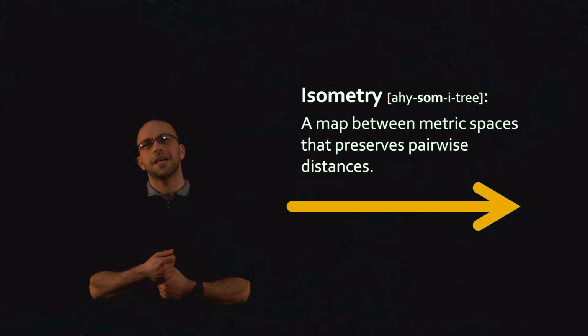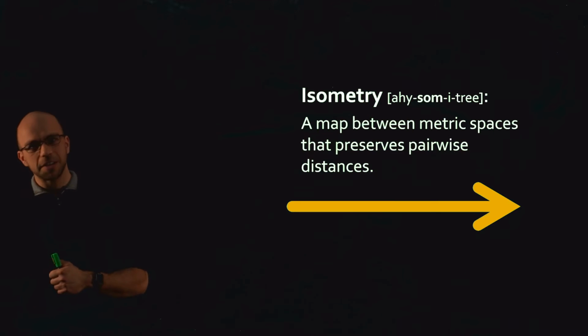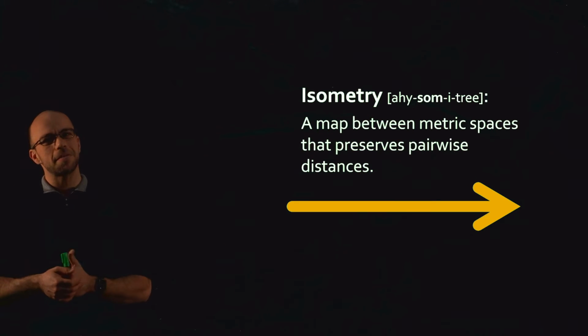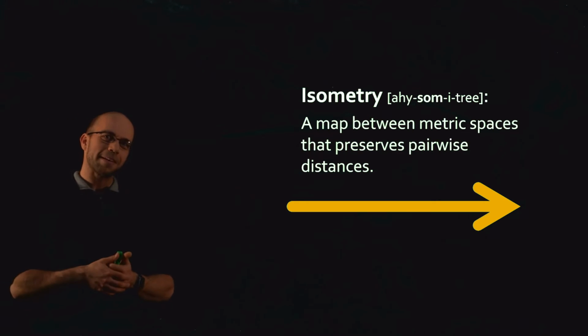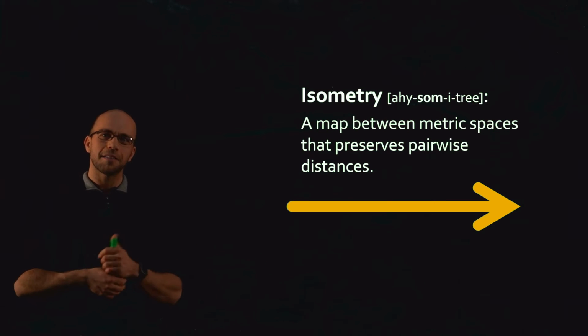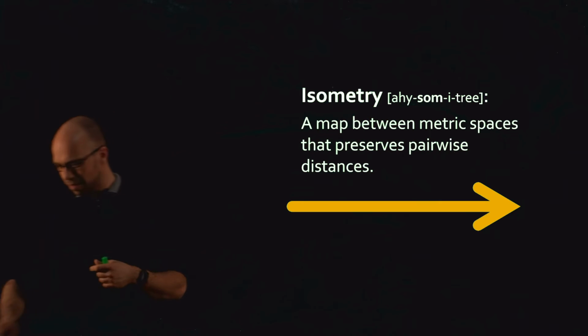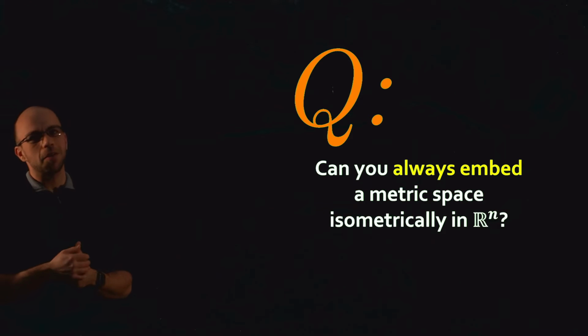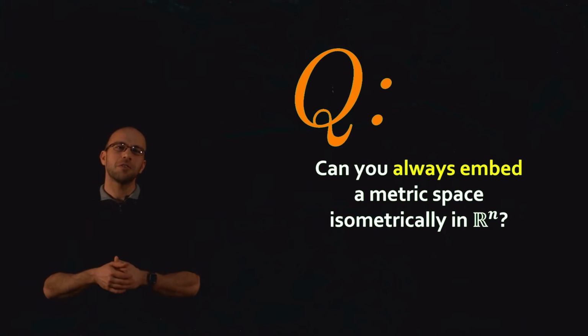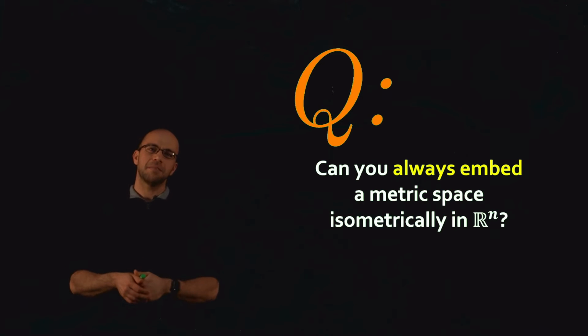Now, before talking about algorithms for how to approximate isometries, the first question we should ask is, when is it possible? Given an input metric space, when can I compute an isometry of that space into one that's more easy to work with? For example, one question you might ask is whether you can always embed a metric space isometrically into Euclidean space.